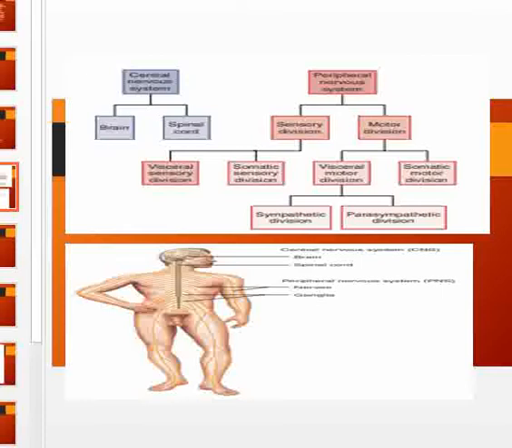On the motor division, we have the visceral motor division and the somatic motor division. Now, the visceral motor division is again divided into sympathetic division and parasympathetic division. And all these terms, you'll come to be familiar with in a little while.